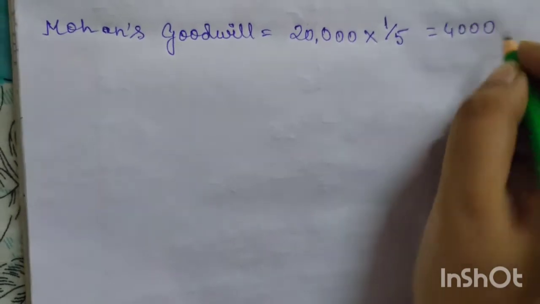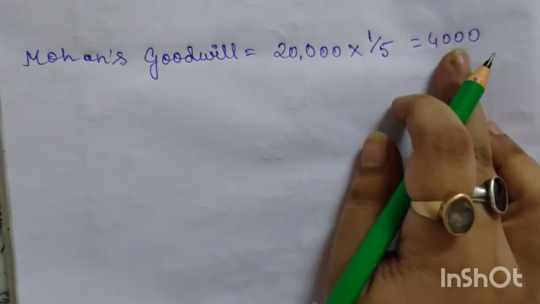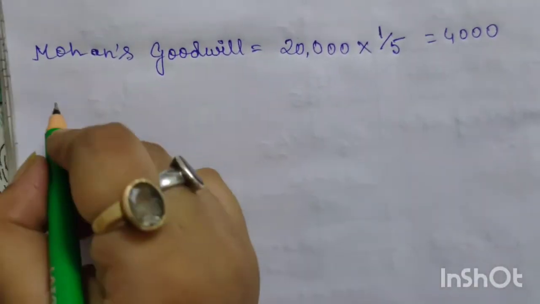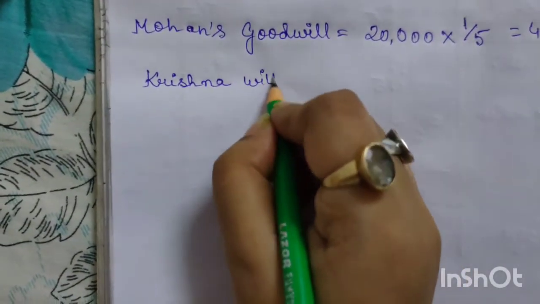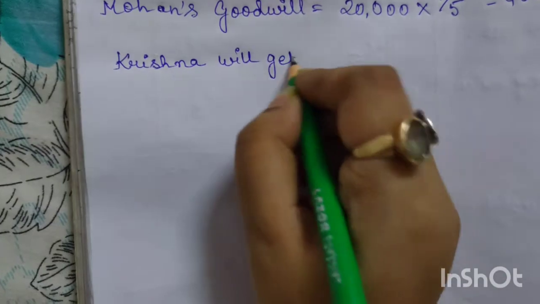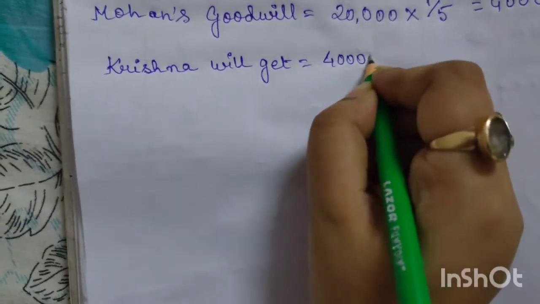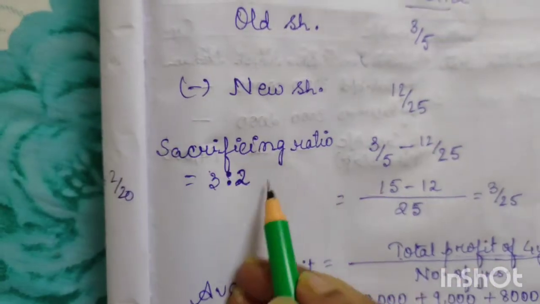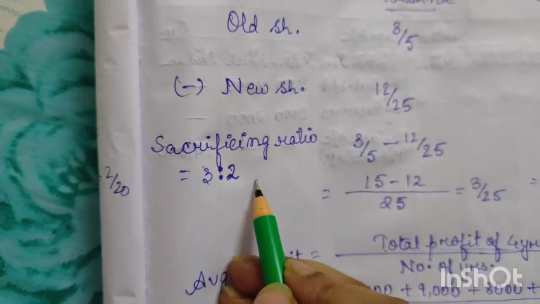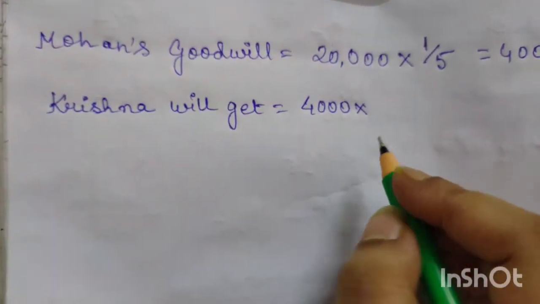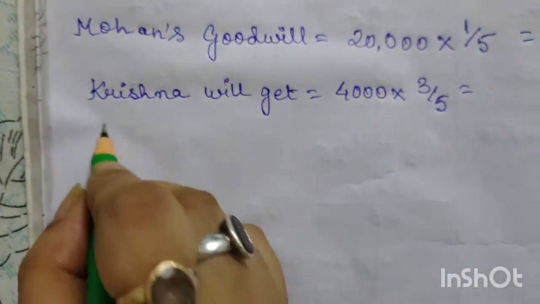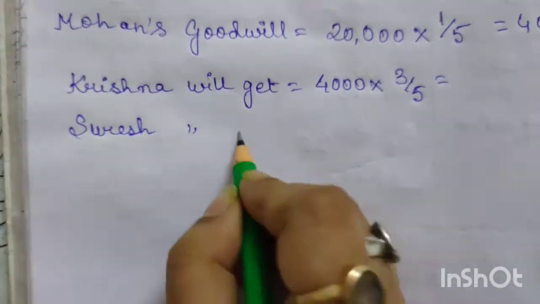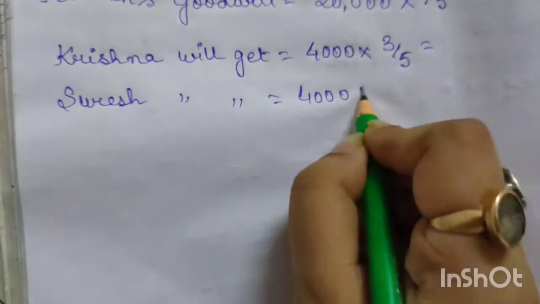So Mohan's share of goodwill is 4,000 and this goodwill should be shared among Krishna and Suresh. So Krishna will get 4,000 into, as we can see their sacrificing ratio was 3:2. So Krishna will get 4,000 into 3/5 and Suresh will get 4,000 into 2/5.